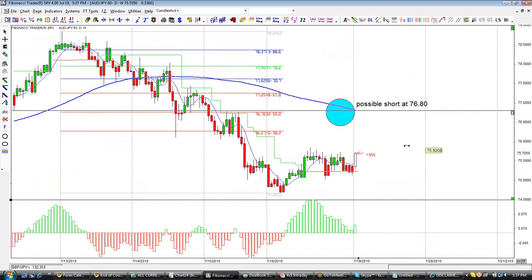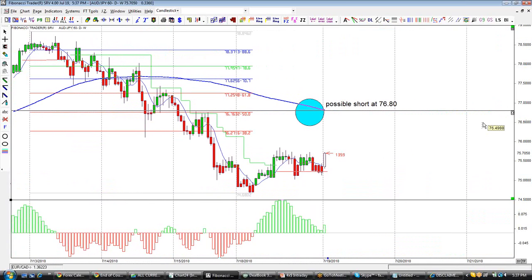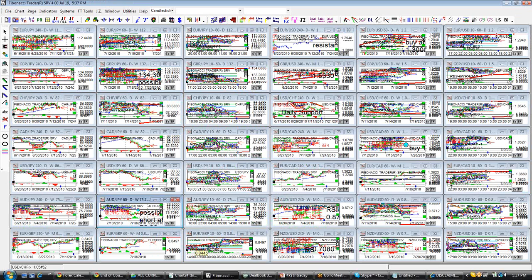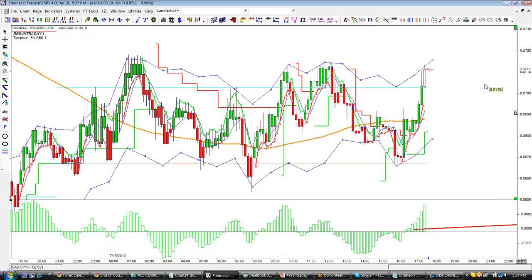But Aussie JPY is moving, and probably the Aussie dollar as well.